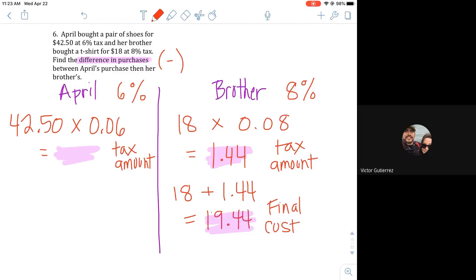And then did anybody do April? I'll do the same thing. So it'll be $42.50 plus the tax amount for April, and we'll get the final cost here.